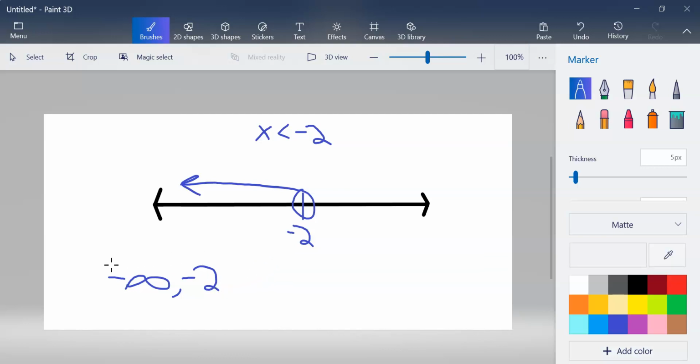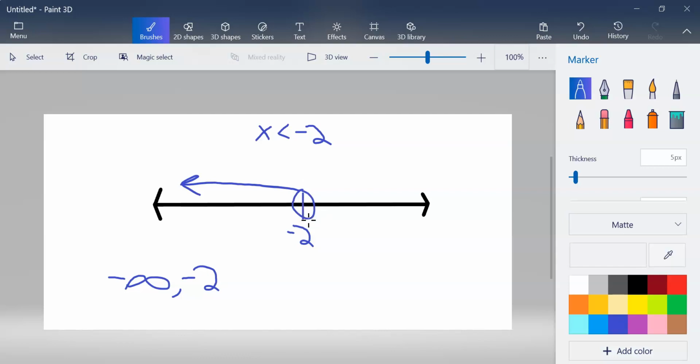Now here's the trick. When you're dealing with interval notation, there are special parentheses you use when we have an open circle and a less than, and there are special parentheses we use when we have a closed circle with a less than or equal to. In this case, we have less than. That means I write an open circle.